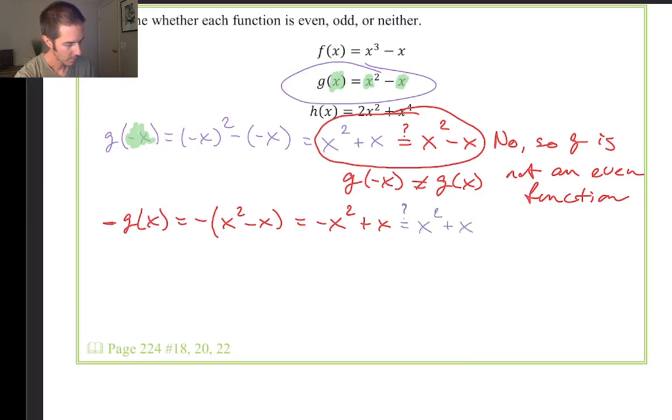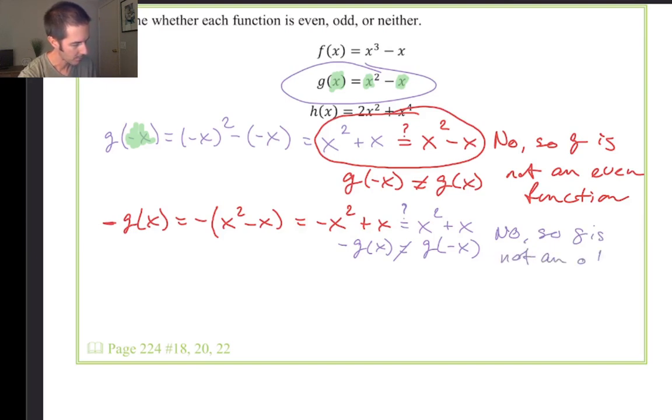In other words, does negative g of x equal g of negative x? And the answer is no. Those two are not equal to each other. No again. So g is not an odd function.